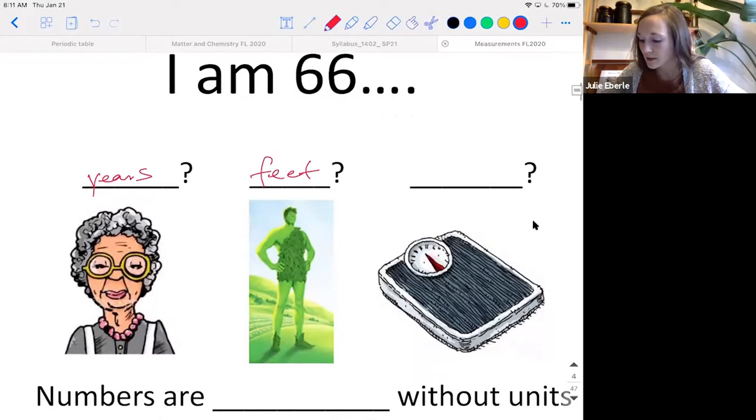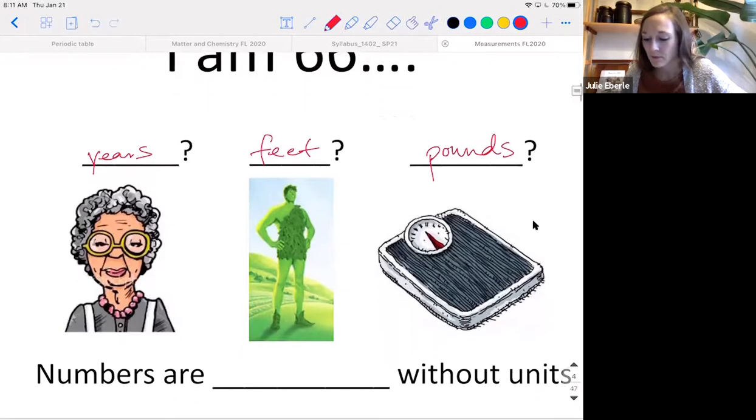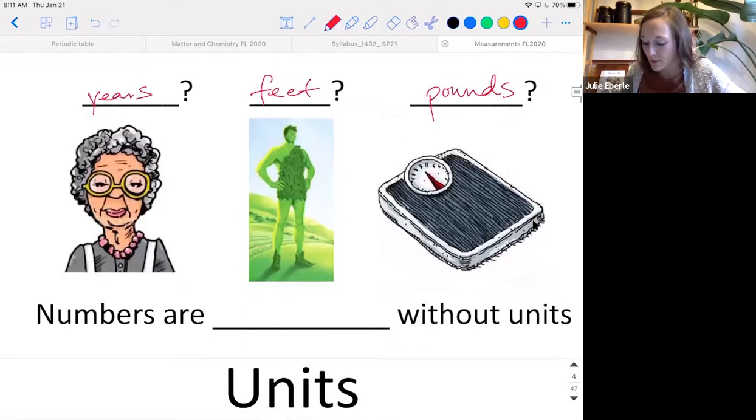Okay. Do I mean that I'm 66 pounds? Not a chance. Okay. So just for example, you have to give more than just a number when you're conveying numbers. So numbers are meaningless without units. Okay.